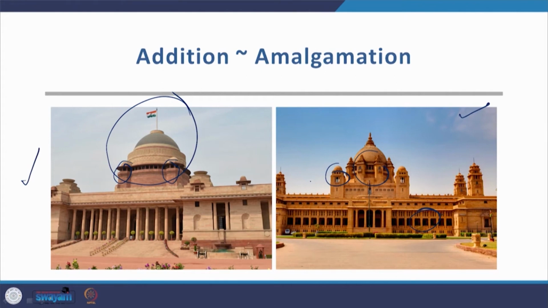I can even say that the overall planning of the Umaid Bhavan Palace is neoclassical, and the appearance of the building in its facade is traditional Indian elements amalgamated into it. There has been some criticism of Swinton Jacob's work in Indo-Saracenic architecture, that he concentrated only on the facade of the building, whereas the heart of the building, the plan, was not impacted, which to a certain extent is really true.